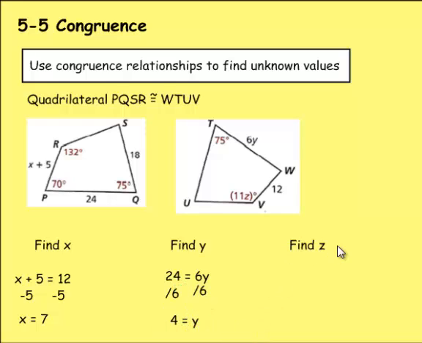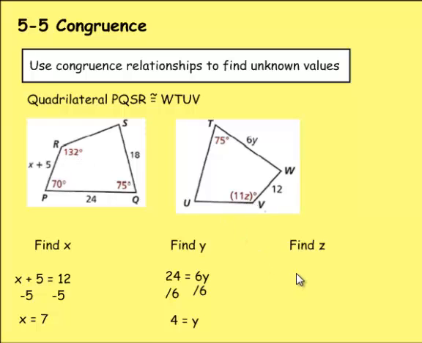Now we only have one more to find out here. We need to find z. And z is over here in the angle. So I see z is angle V. Angle V is the final angle in our polygon name, which would be the R angle over here. I see that R is 132 degrees, so 11z equals 132.